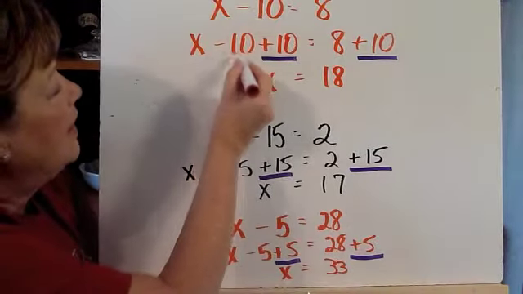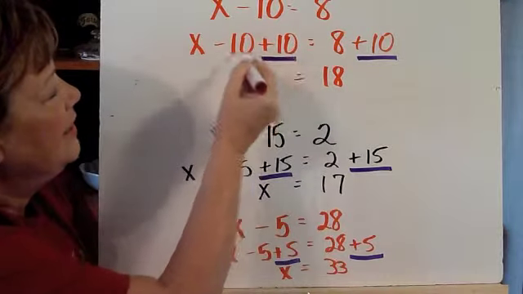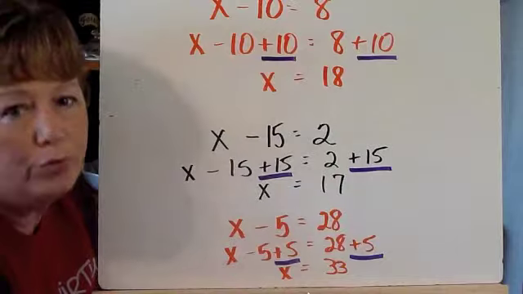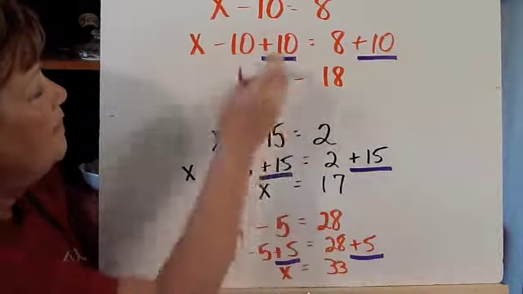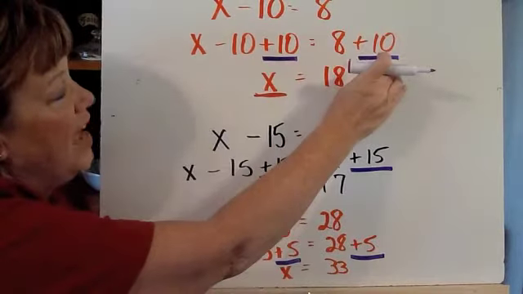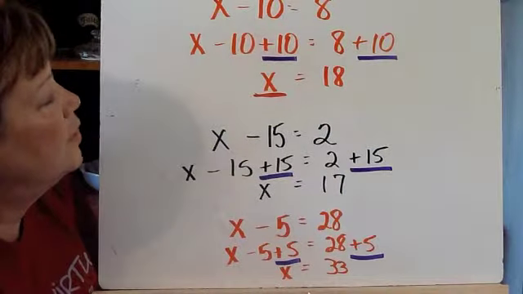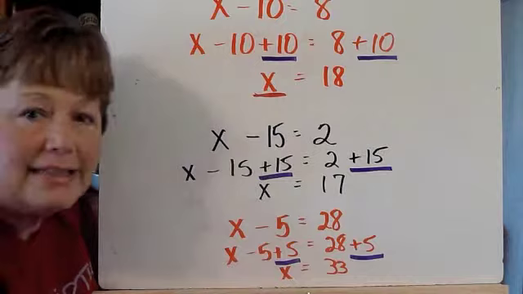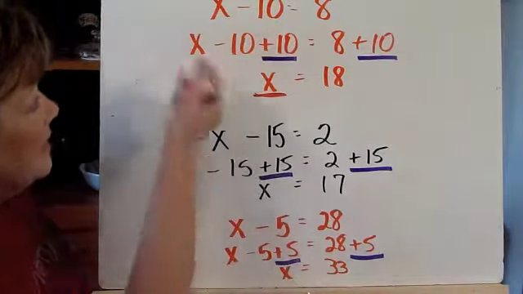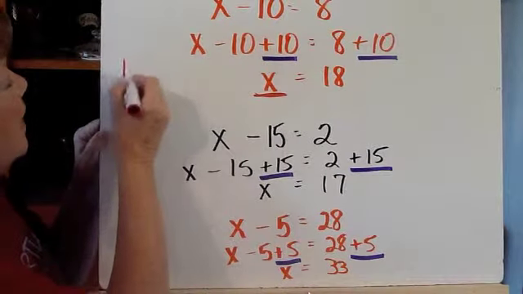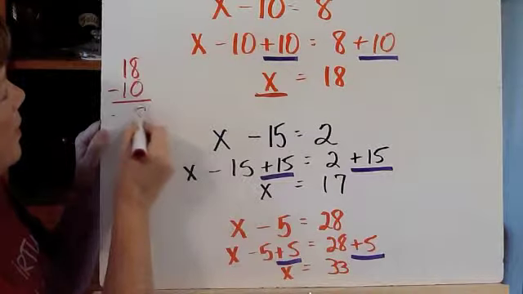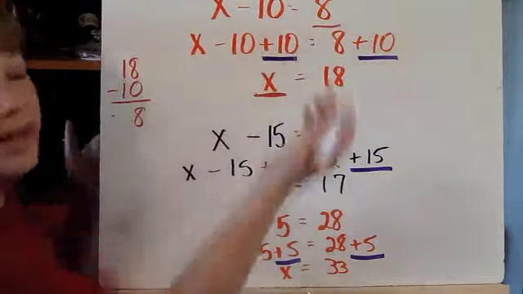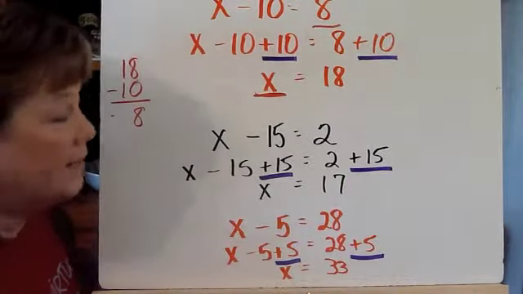So if I'm taking away 10 and I add 10, I'm going to get to 0. That will leave me x by itself. But if I add 10 here, I have to add 10 there. So x becomes 18. And I can test this out to see if it works. I can come over here and say 18, take away 10, 8. And that equals 8. So I did get the right answer.